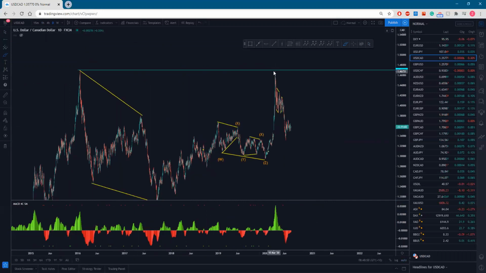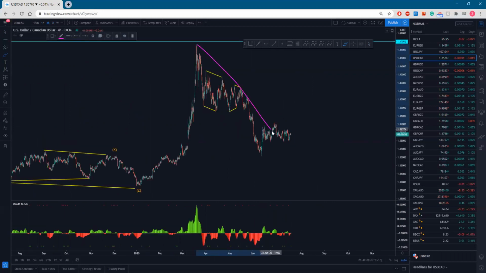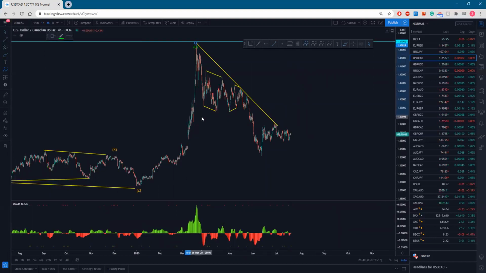So what I'm looking for now is, I wouldn't be taking a buy setup or even a sell setup at the moment. Reasons being, if you go to a lower time frame, the first reason is this over here. Okay, so this is an ABC.